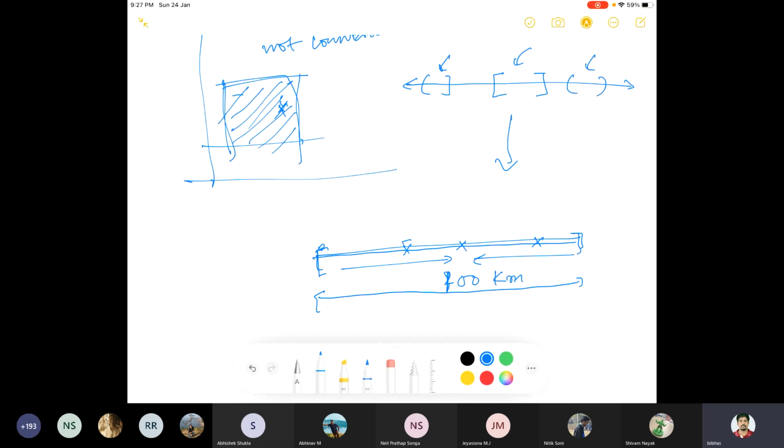In fact, you can pick a particular interval of this entire road, say of k kilometers or d kilometers, and ask what is the probability that there will be an accident in this region which has length d. You can also ask what is the probability that there will be an accident on any interval of length d.